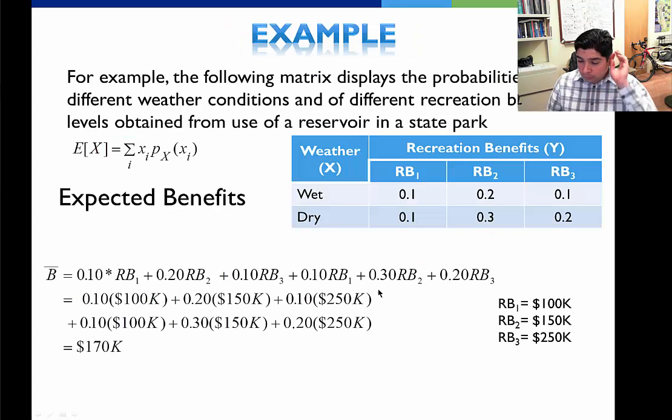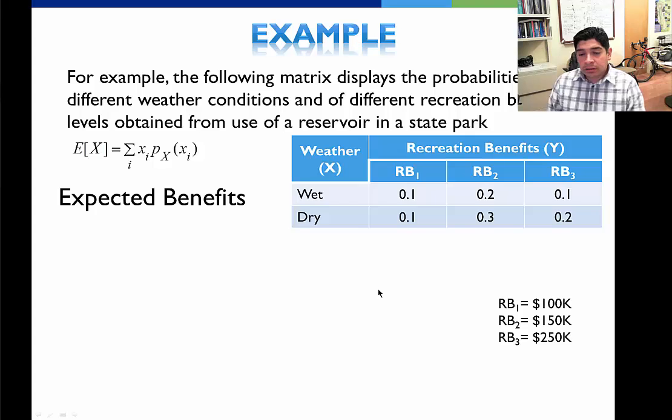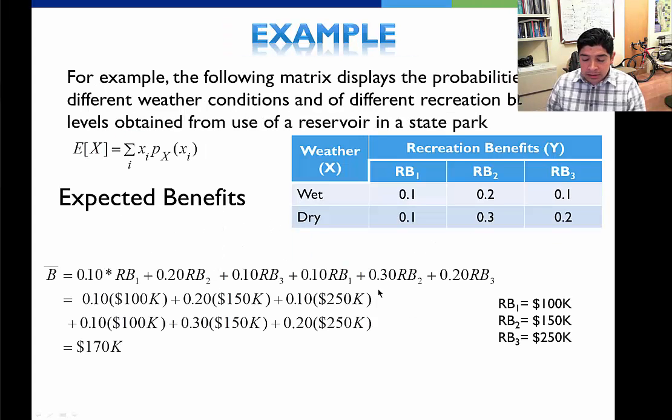So let's go back here. This is the problem as we started, and remember that we started by saying there are different recreational benefits associated with the weather. So what are the expected benefits, considering that we have different weather conditions and different recreational benefits?